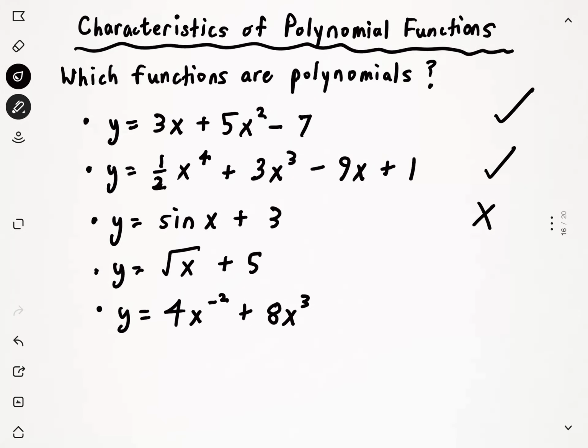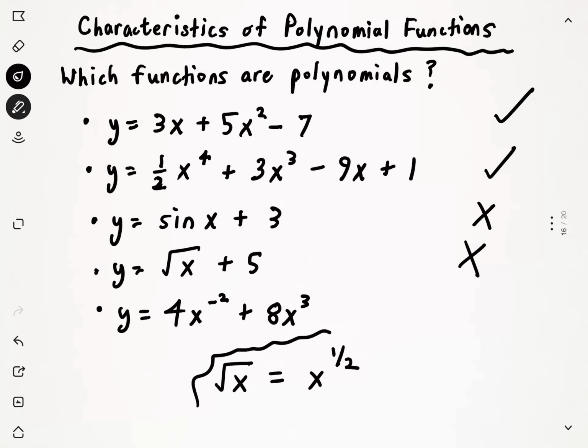Also, if we take a look at the fourth equation listed here, that's also not a polynomial function. And the reason for this, as you may or may not remember from grade 10, the square root of x is equivalent to x to the power of 1 over 2, which is definitely a fraction. So we would say no to this one as well.